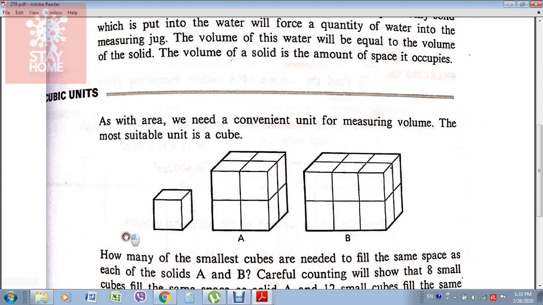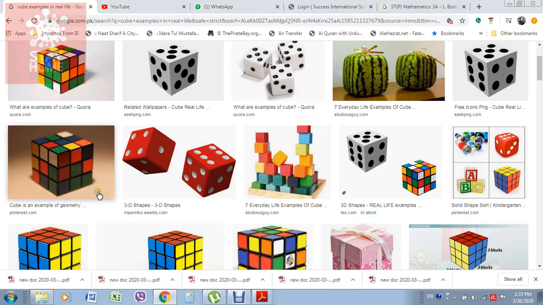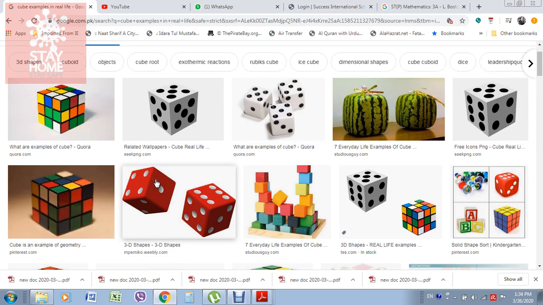I am going to show you some examples of the cube from daily life. See, all these shapes are cube shapes. One side and the other side, this is called breadth, this length and this width.